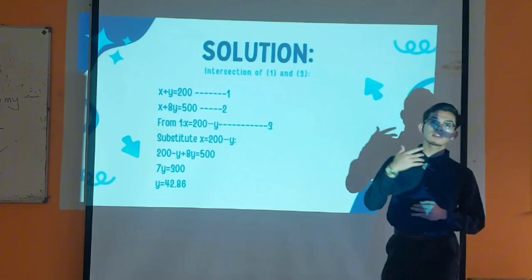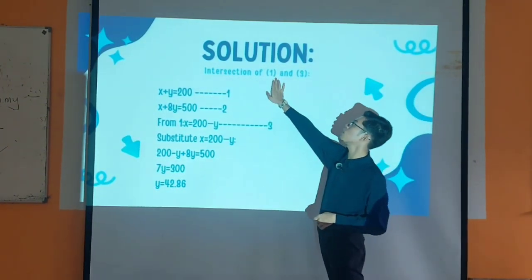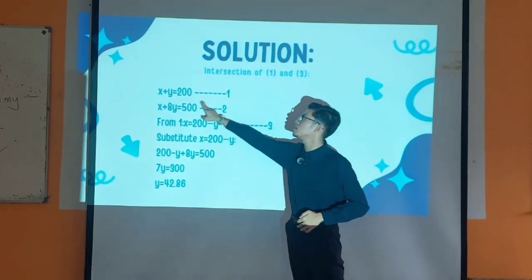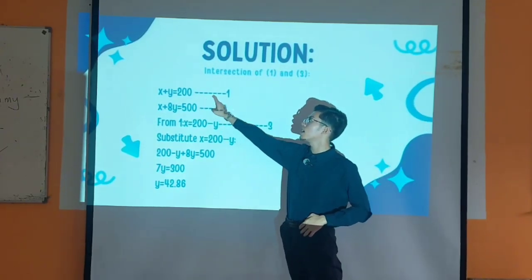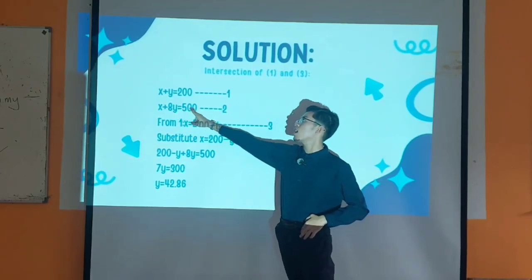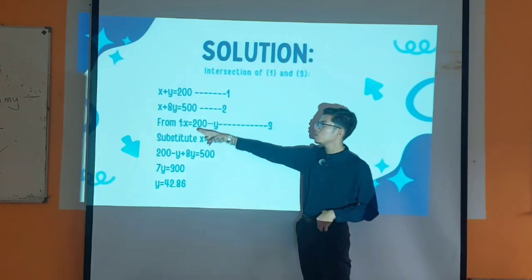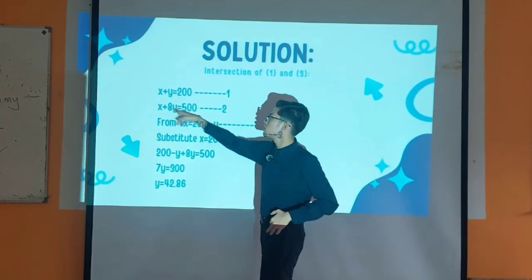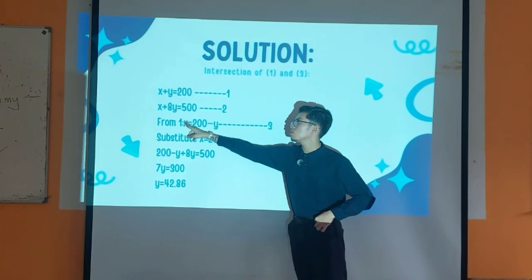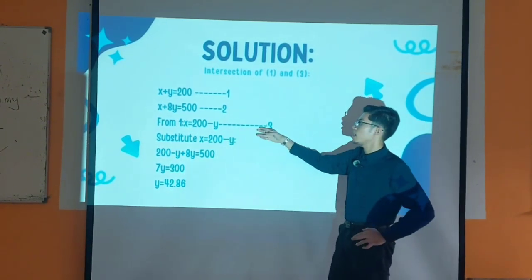Okay, for the second solution, we will find the intersection of the first equation and the third equation. So the first equation is x plus y equals 200, and the second equation is x plus 8y equals 500. So from the first equation, we can move the y to the right, so we get the new equation, which is x equals 200 minus y.